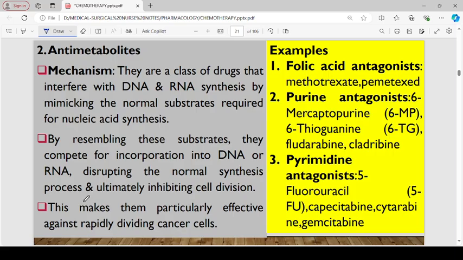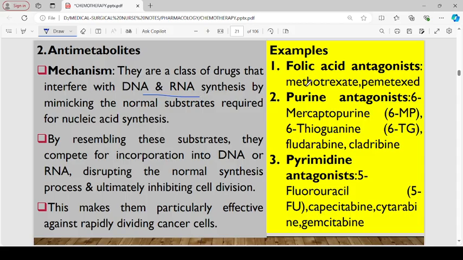Okay, guys. Now we can move on to the next group of drugs, and these are antimetabolites. They are a class of drugs that interfere with DNA and RNA synthesis. So they mimic the normal substrate required for nucleic acid synthesis.